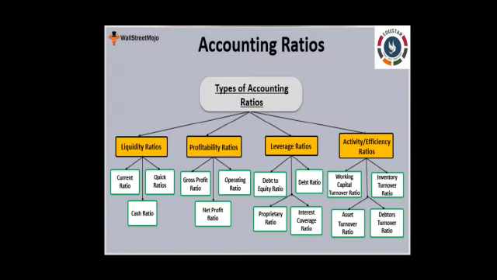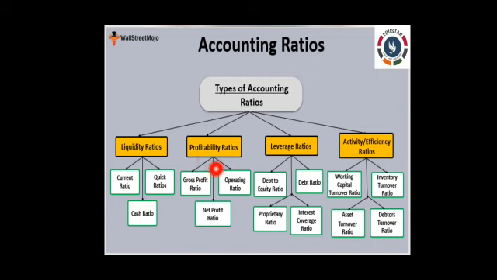I have given you the various types of accounting ratios in a chart format: liquidity ratios, profitability ratios, leverage ratios, and activity or efficiency ratios. Under liquidity ratio, we have three headings: current ratio, quick ratio, and cash ratio. The major part we are covering is current ratio and quick ratio.